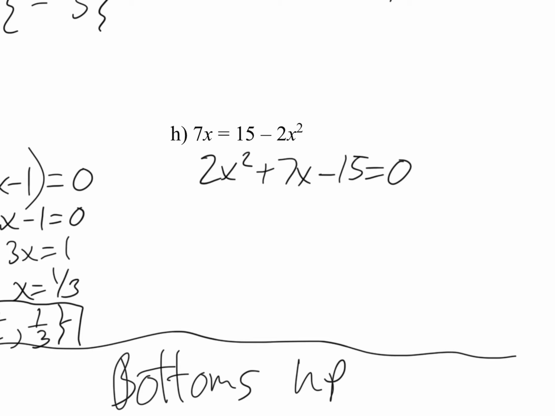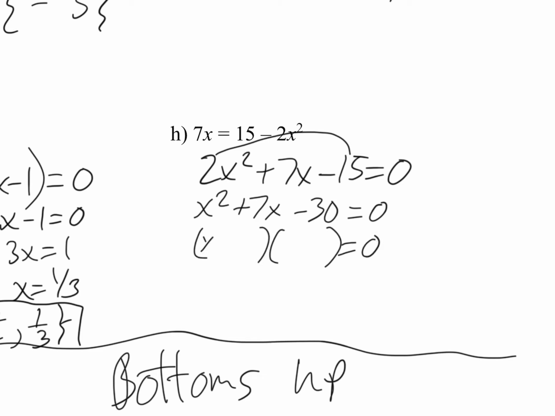All right? And then here, just like before, bottoms up, 2 times 15, that's a negative 30. Factor. Okay, what two numbers give me negative 30 and add up to 7? Remember, if you need to write out your factors, that's perfectly fine. 1 and 30, 2 and 15, 3 and 10, okay, 5 and 6.